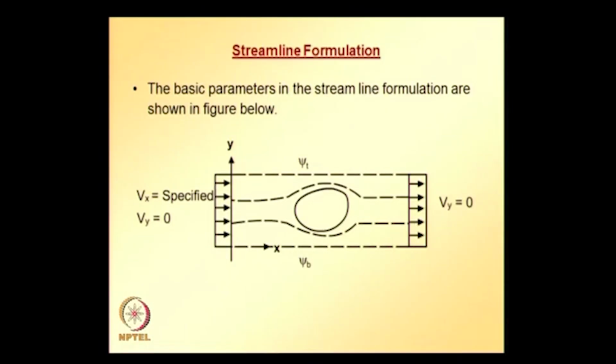The field variable for streamline formulation is the stream function, which is denoted with psi, and it is related to the fluid velocities in x and y directions. And also the solution domain is extended far enough from the obstruction, so that there is no effect of obstruction on the flow characteristics.